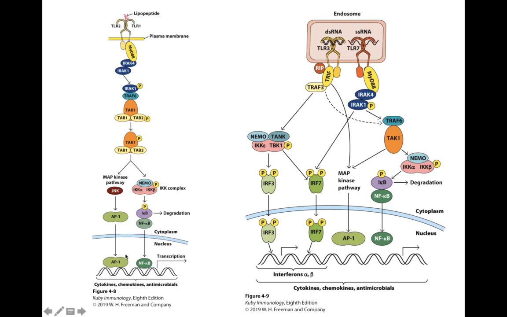In both pathways, you get the activation of the NF-kappa B transcription factor, as well as AP1, which have important upregulatory effects on the gene expression of multiple different cytokines and chemokines and other antimicrobial proteins.